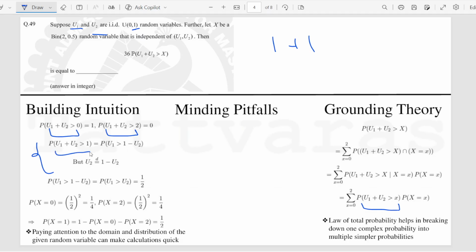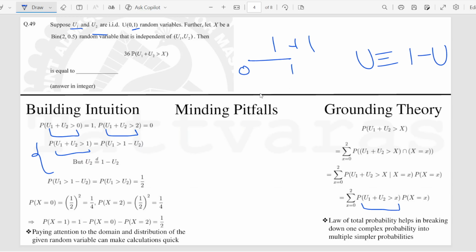Another thing, this thing doesn't require integration or anything. It just requires us to note the properties of the distribution. It is important to know that when you have a uniform distribution, it is equivalent to 1 minus itself. The intuition is that a uniform distribution takes values between 0 and 1 with equal probability, right?